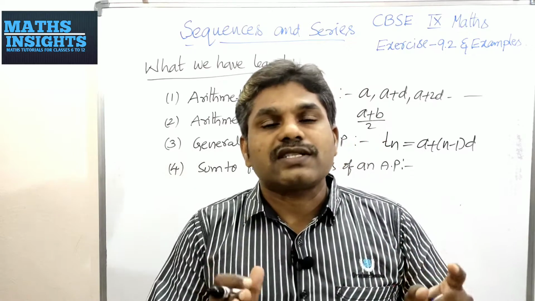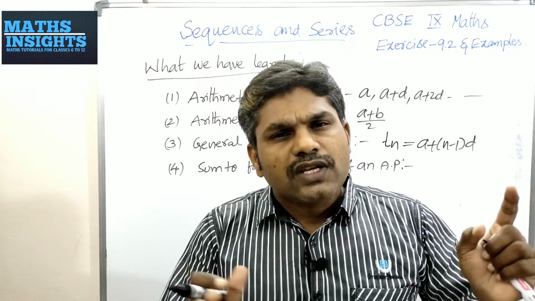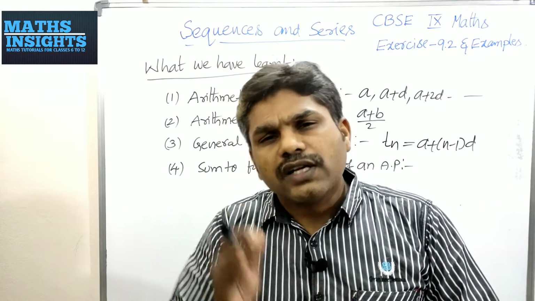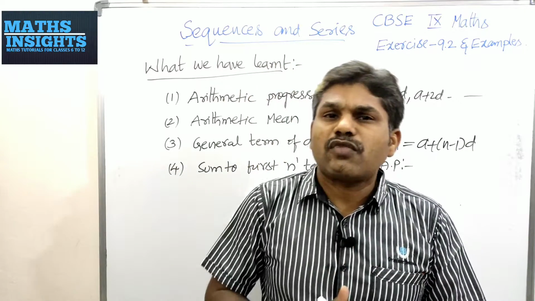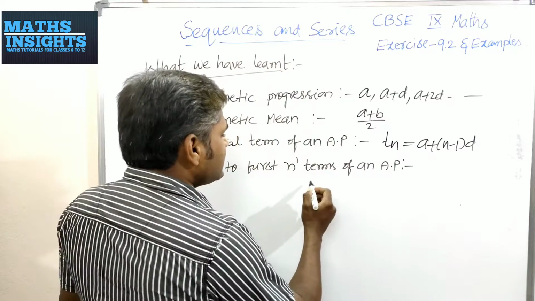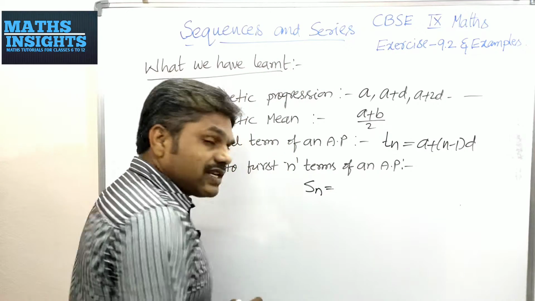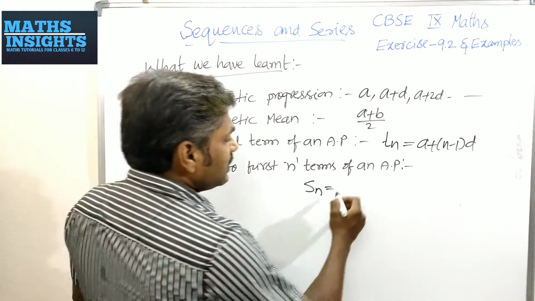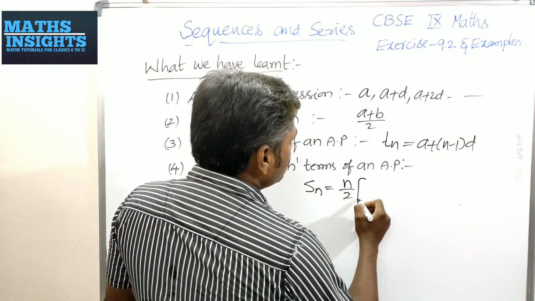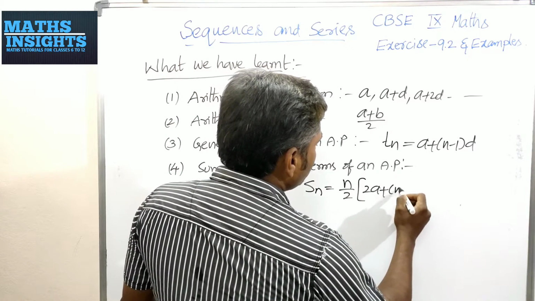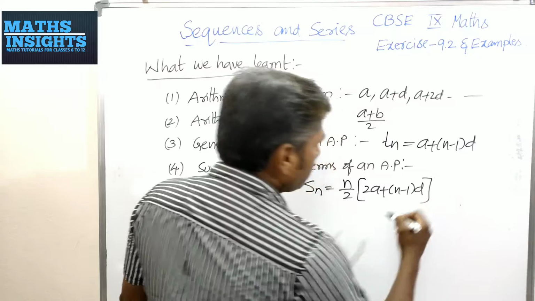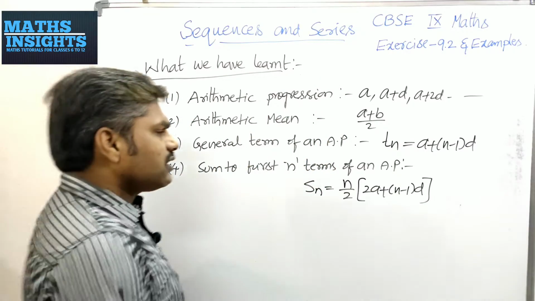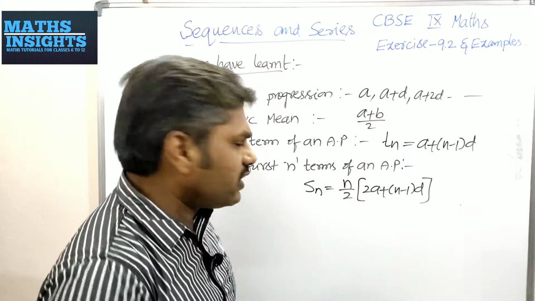Starting with the first term, you are going to find the sum of the desired number of terms. That is represented as Sn, the sum of n terms, with the formula n by 2 into (2a plus (n minus 1) into d), where n, a, d you know very well.